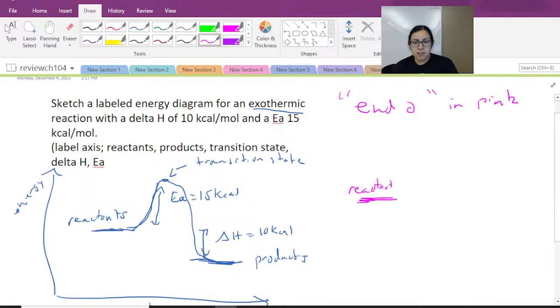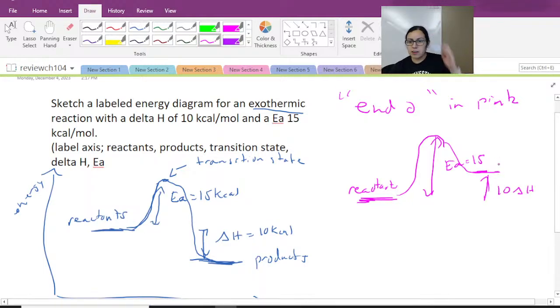Reactants could still have an activation energy of 15, so we could still write this. And then if it had said endothermic, we'd want to put it ending up somewhere around here, and label this as 10.